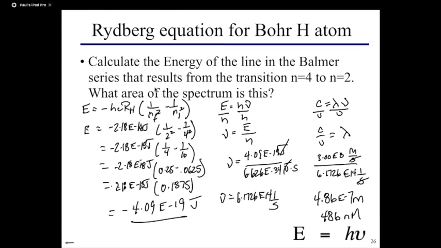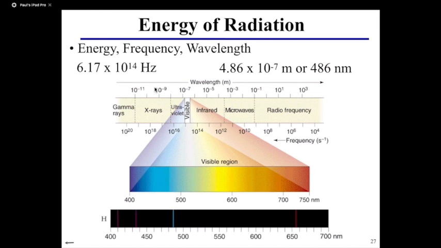We get this number. There's the number. And if you take a look at 486 nanometers, look, visible light is between 750 nanometers and 400 nanometers. 486 would be somewhere here-ish. So that would be bluish.